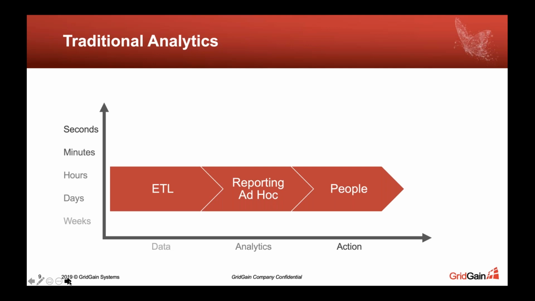And traditional analytics has usually been ETL-based, somewhat fresh, somewhat stale data being used for reporting, traditional account-based reporting, internal management reporting, operations reporting, and ad hoc. And the only reason ad hoc is acceptable is because it's people that are taking the action. They're trying to analyze and look for new patterns inside structured data. They know the data they're looking at, but they're trying to figure out, is there a new pattern that I missed?